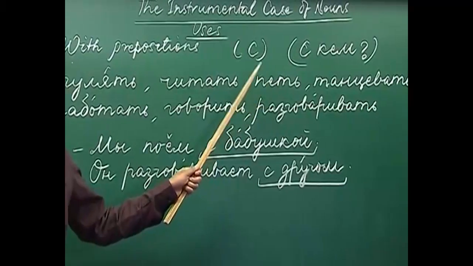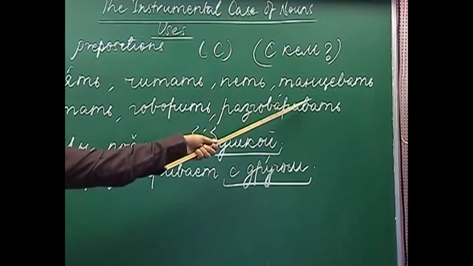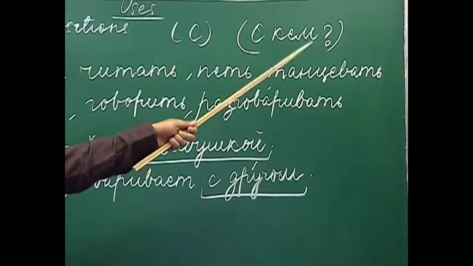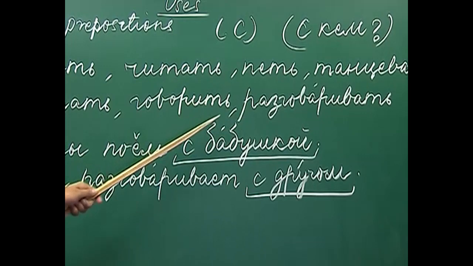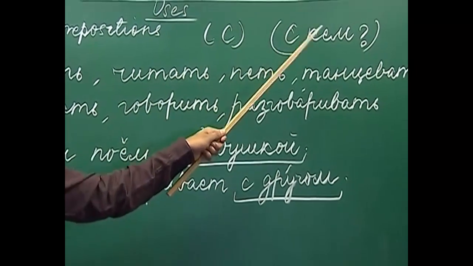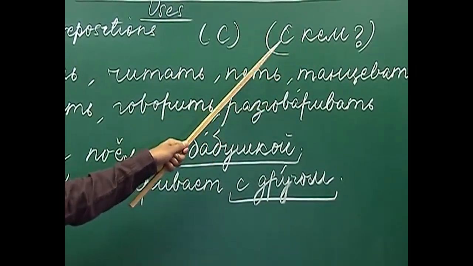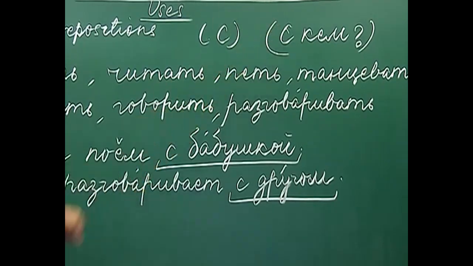Петь, to sing, with whom. Танцевать, to dance, again with whom. Работать, to work, with whom. Говорить, to speak, with whom, and разговаривать, to talk. All these verbs can take the instrumental case of nouns with the preposition с.